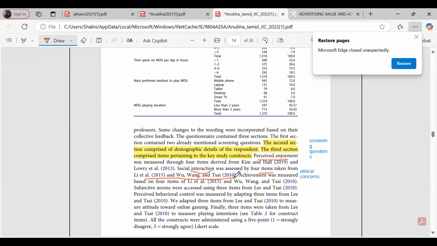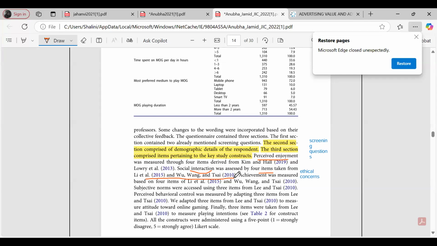You can also mix and match a few items from one author and a few items from another author. The reason is you really need to look at the objectives which you have framed. Whether with those items you are able to achieve answers to those objectives or not, right? If you think that your one questionnaire or one scale is good enough, then maybe you can go ahead with it.